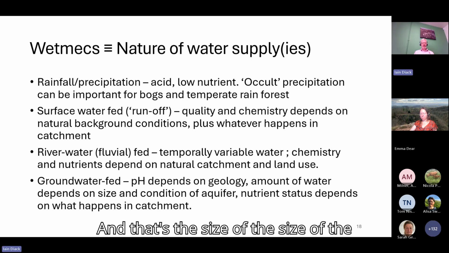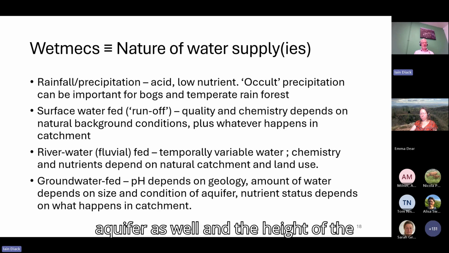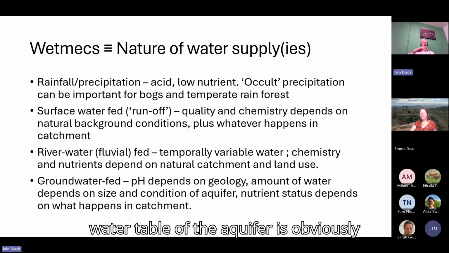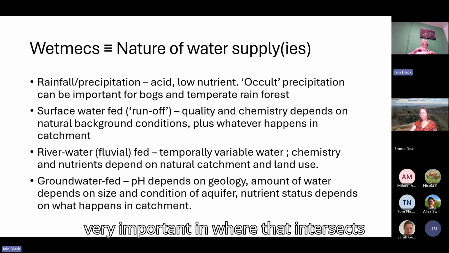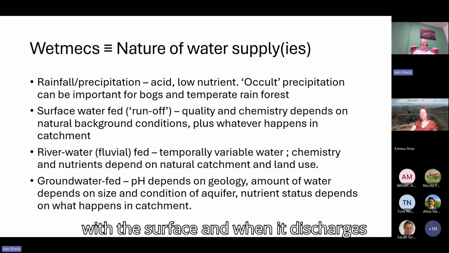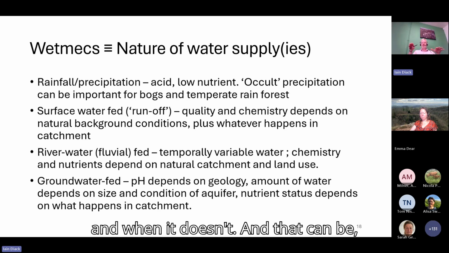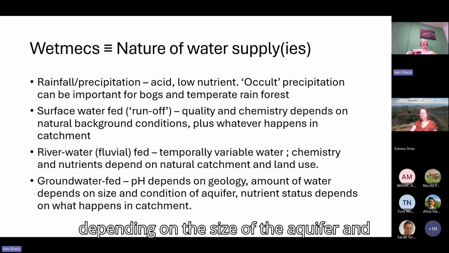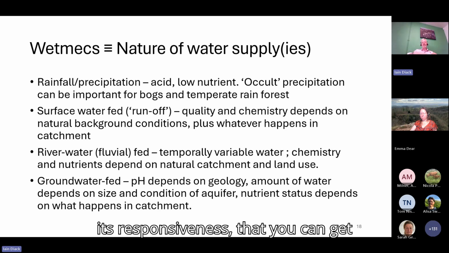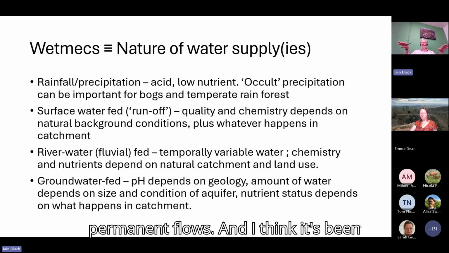And the size of the aquifer as well, and the height of the water table of the aquifer, is obviously very important in where that intersects with the surface and when it discharges and when it doesn't. And depending on the size of the aquifer and its responsiveness, you can get permanent flows.